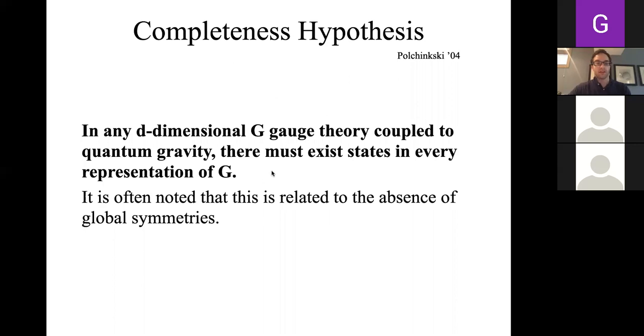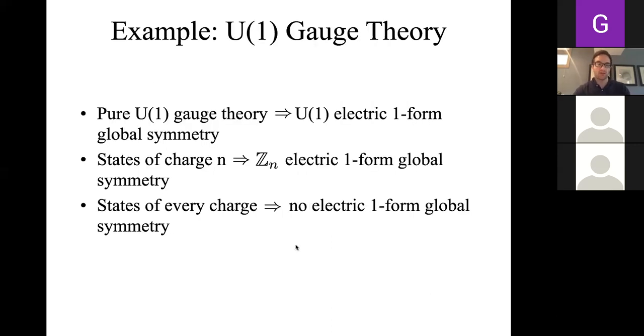And there's a third lore, actually, which is that the first two lores I just mentioned are related. Namely, the completeness hypothesis, the existence of states in every representation of the gauge group, is supposed to be related to the absence of global symmetries. And there's a reason why this third lore exists, which is that in some cases, it's true. We can see this simply from what we've already discussed regarding U1 gauge theory.